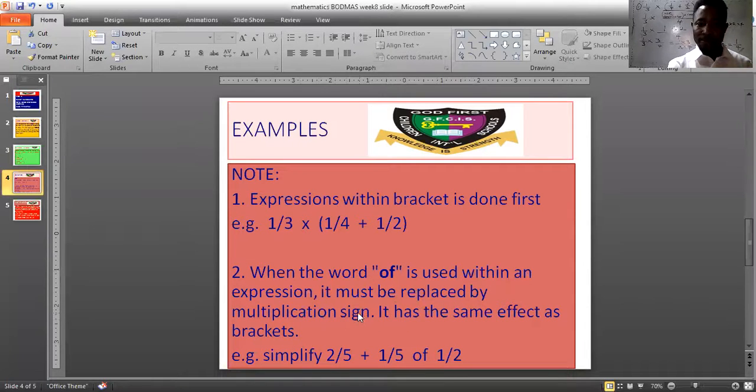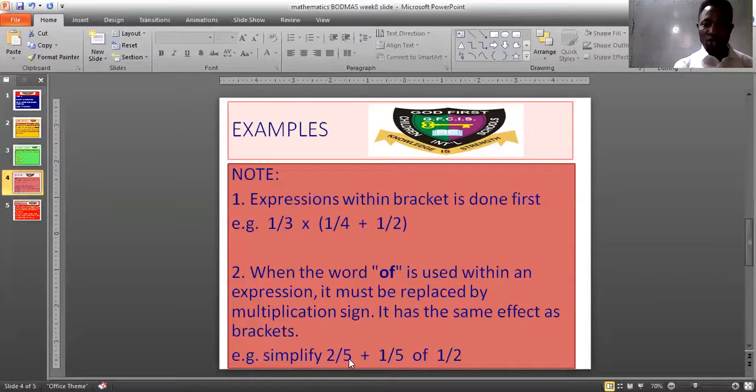It has the same effect as the bracket. So let's see this one. Let me rub this off. We take this next example and I explain how that one too is done so you can understand it. I hope that is clear. I hope you're following. If it's not clear, you can play back and see how that is done.